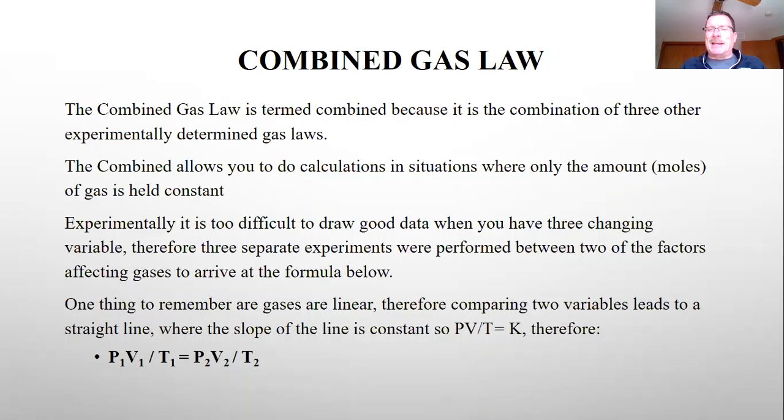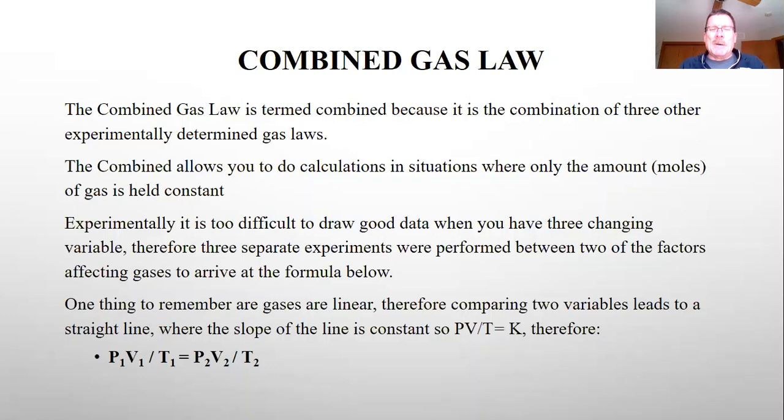You have to look at them in pairs of 2, like pressure and volume, assuming you're holding the amount and temperature constant, or pressure and temperature, assuming you're holding the volume constant. That's really the only way you can do things effectively. That's how it was done over a number of years, and then they were all smashed together into the combined gas law.